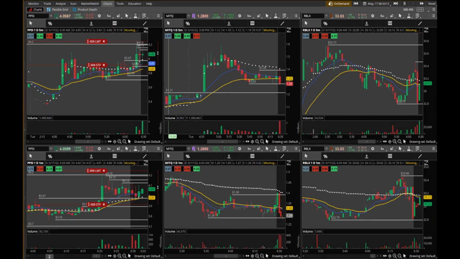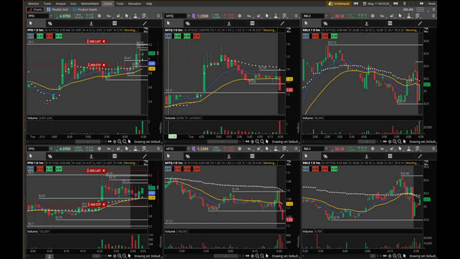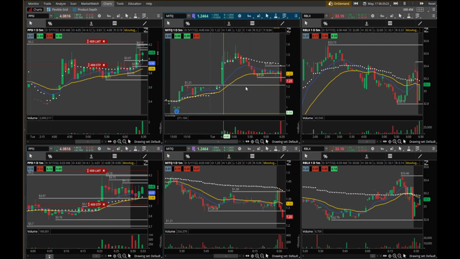So we definitely have to get over that high of pre-market to hit that $200 mark. Now here comes MITQ down to that $1.21 area. I might consider that a quality setup.